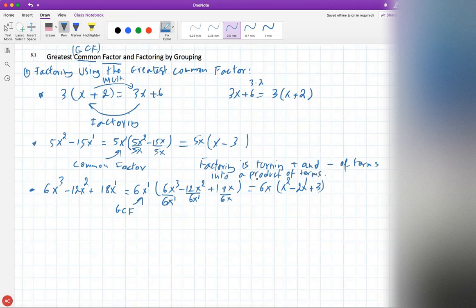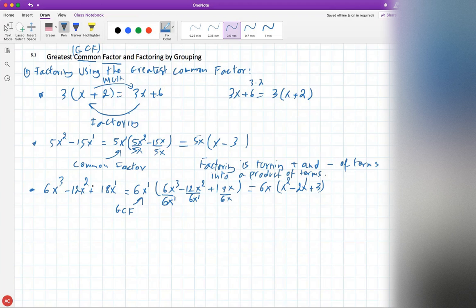A product of terms, product means multiplication. And we do this for a reason. We're going to see later why this is very useful. It helps us solve equations and simplify some complex expressions we call rational expressions. We're going to talk about this later. And that's pretty much how factoring works.